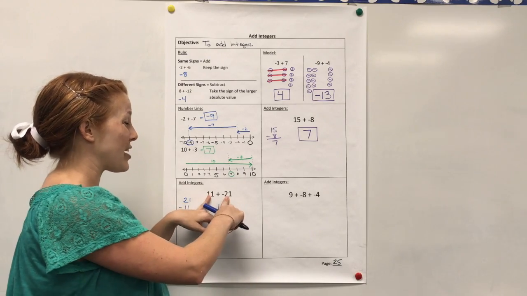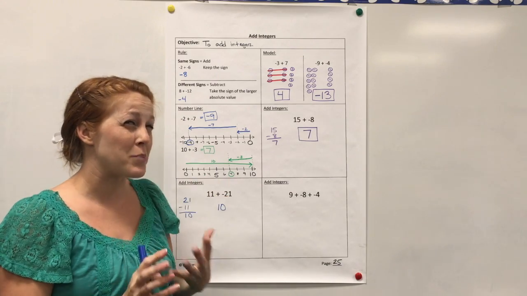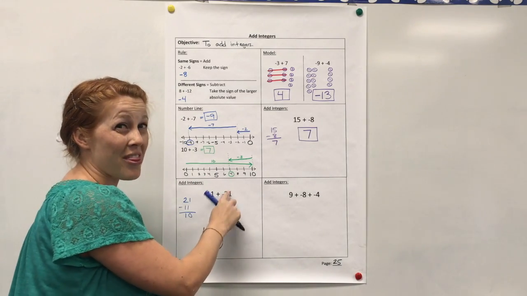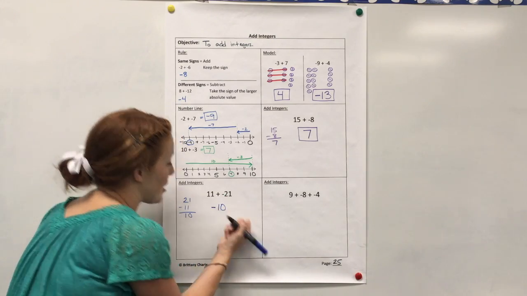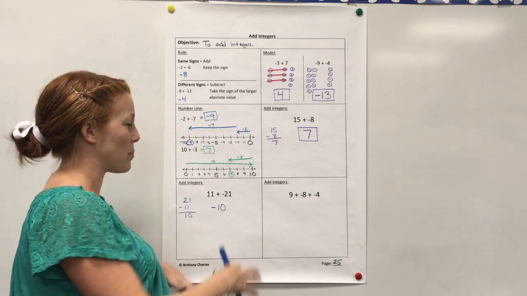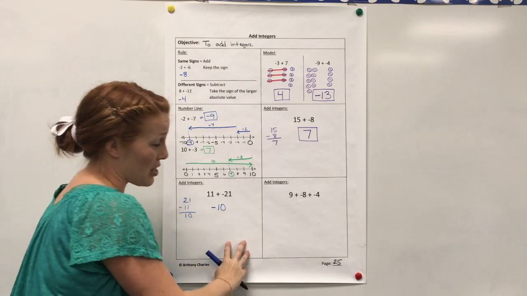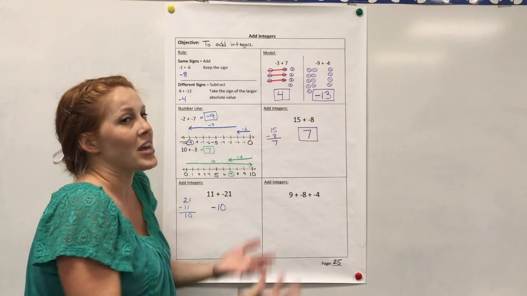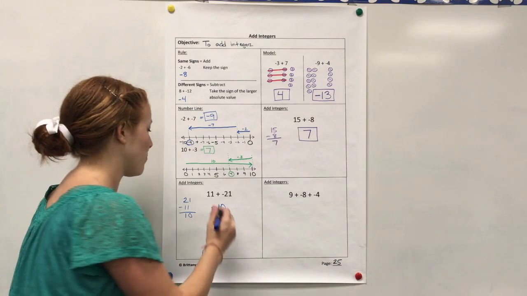The absolute value of -21 is 21. So again, you can think of it as which one looks bigger. 21 looks bigger, that's the sign of the larger. So -10, because there's more negatives. If you think about drawing a picture and you were canceling out pairs, you would have drawn a lot more negatives, and so you'd have a lot of negatives left over, which is why you have -10 left over.